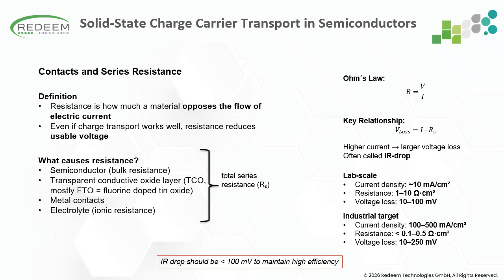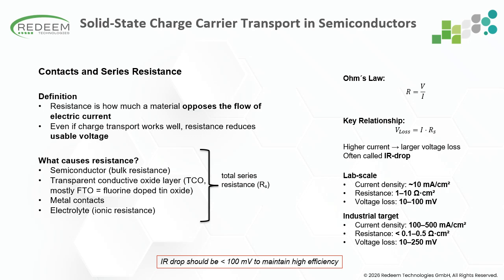And all of these contributions add up to the total series resistance, which is Rs. So when we look at the formula here on the right, according to Ohm's law, the voltage loss is simply the current multiplied by the series resistance. And this voltage loss is commonly referred to as IR drop.